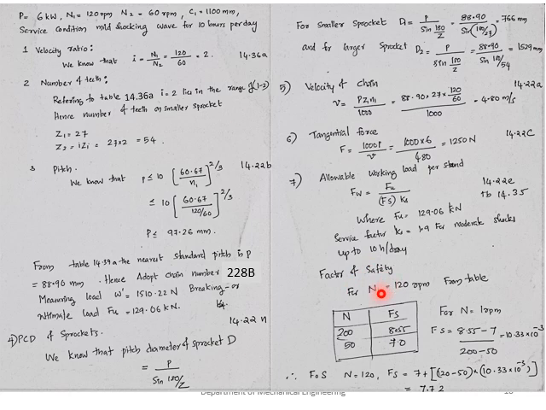The factor of safety from the table: for 50 you will be getting a factor of safety of 7.0, and for 200 we will be getting a factor of safety of 8.55. Based on this, for N1 equal to 120 rpm, do some interpolation and find the factor of safety. You will be getting the value of factor of safety as 7.72.